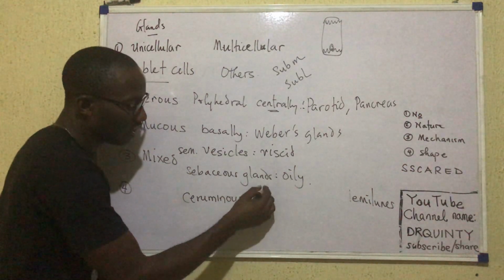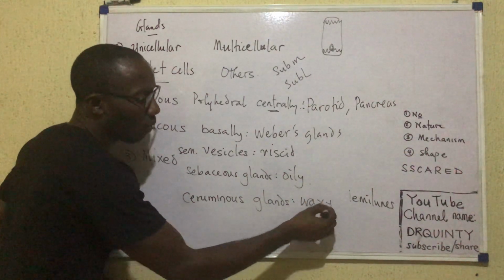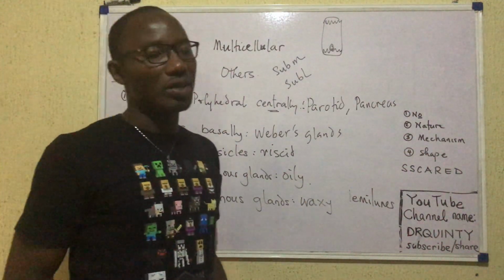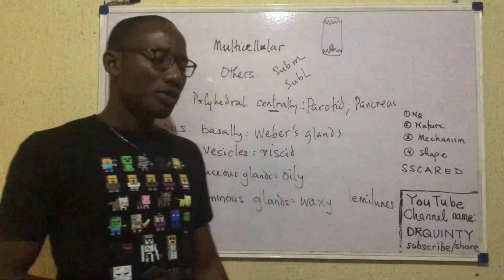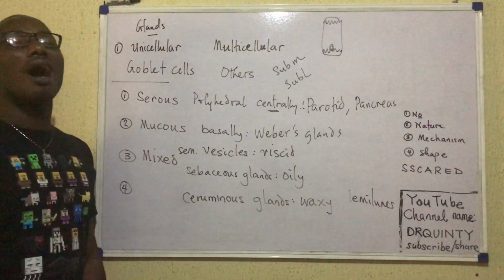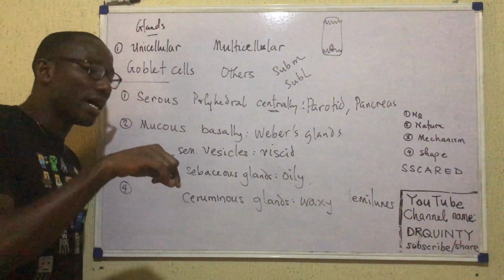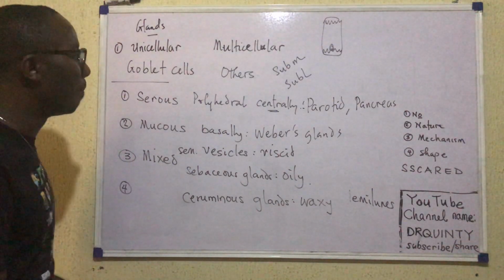These ones are found in the ear and they are the ones that produce ear wax. So we say their secretion is waxy. So ceruminous glands, sebaceous glands, seminal vesicles are all miscellaneous glands because their secretions are neither serous nor mucus.